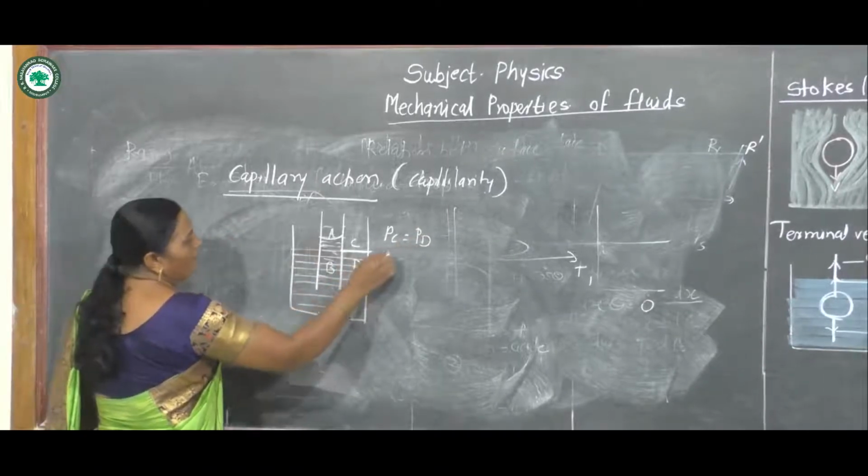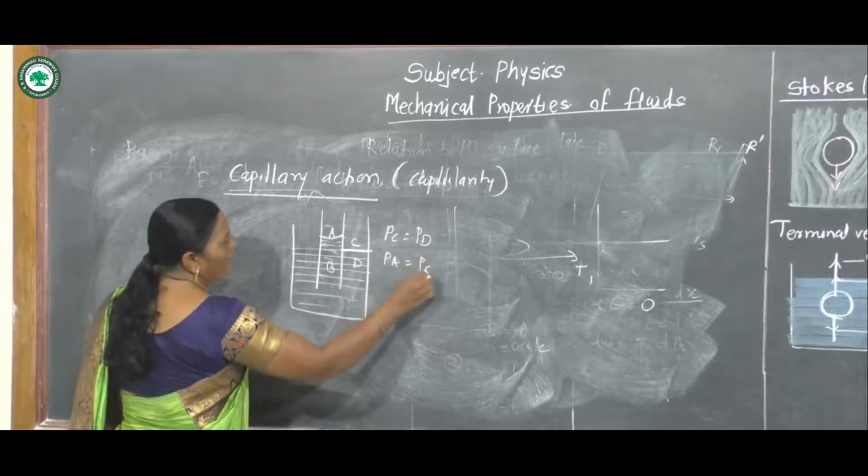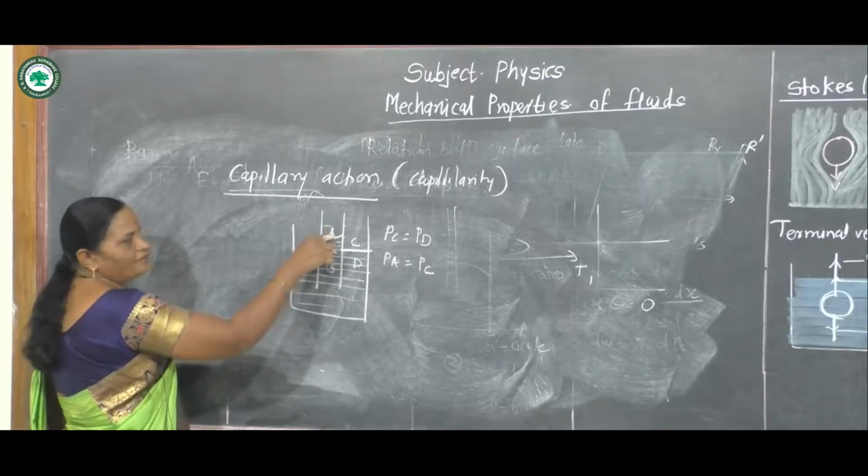Now pressure at A is equal to pressure at C, since both are points at atmospheric pressure.